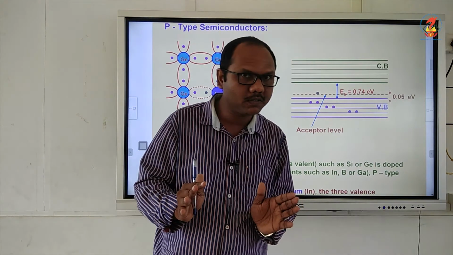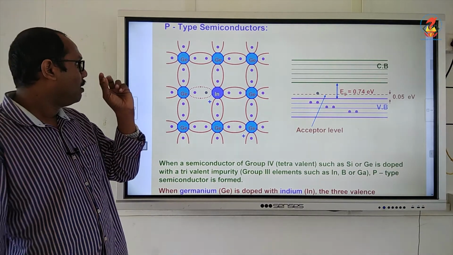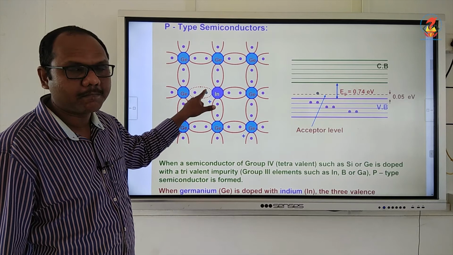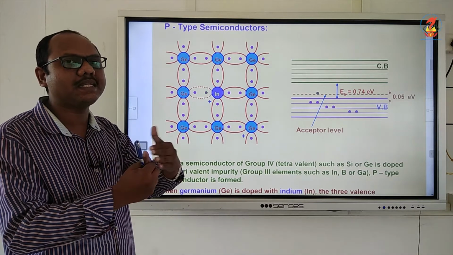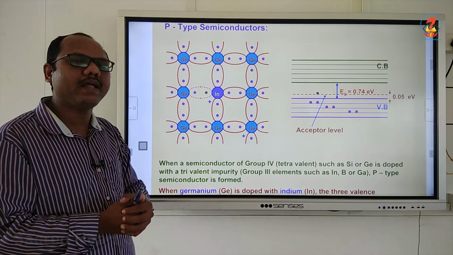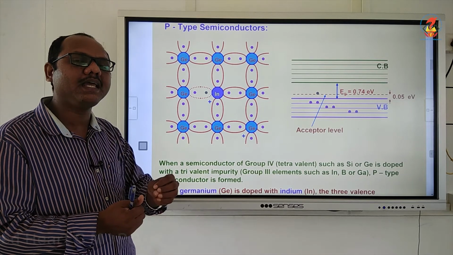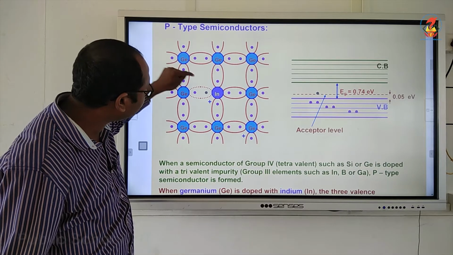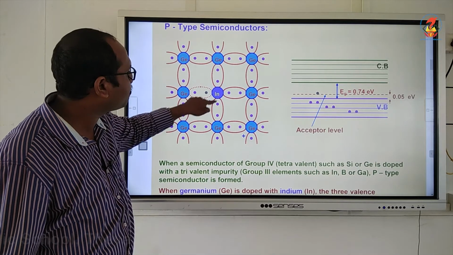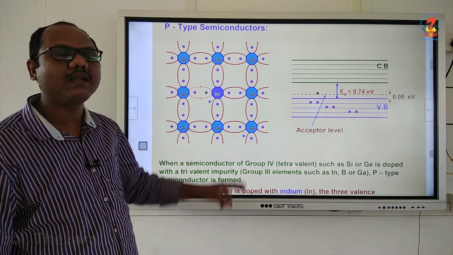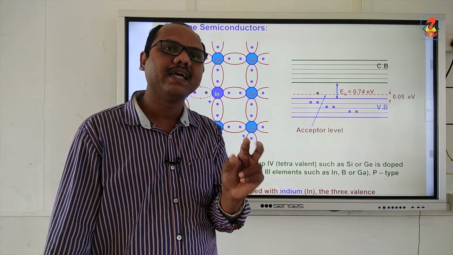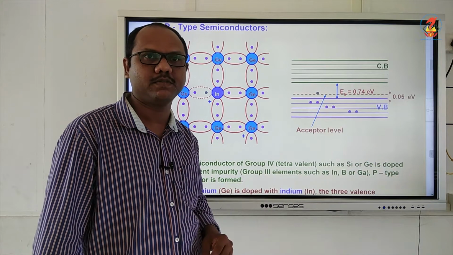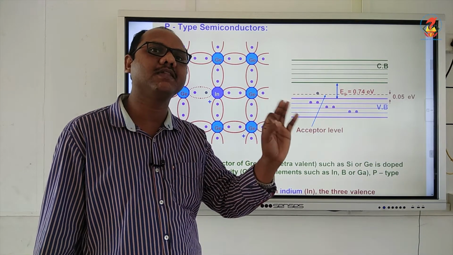I repeat once more. Whenever a deficiency happens here, from neighboring silicon bond, a covalent bond will be broken and electron from that place will jump towards this lattice and complete this deficiency, thereby creating a hole in the silicon covalent bond in the valence band. So, valence band is created with a hole now.